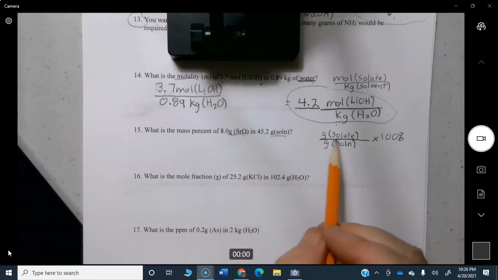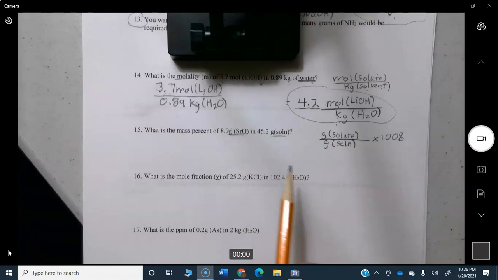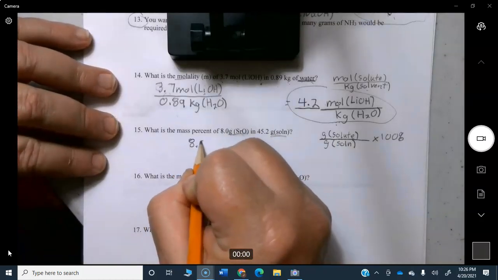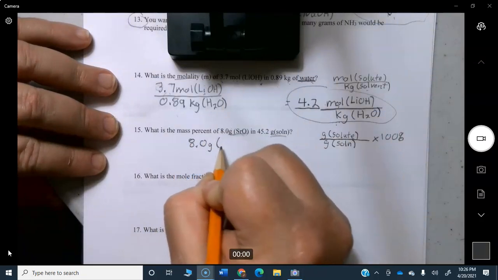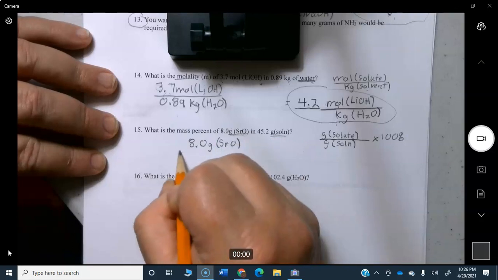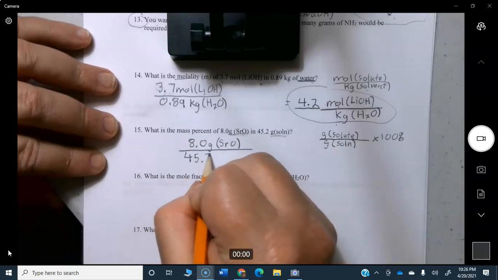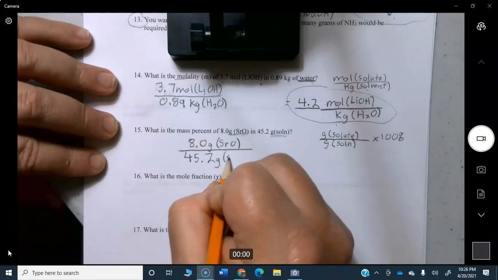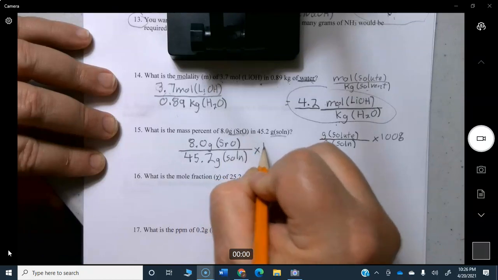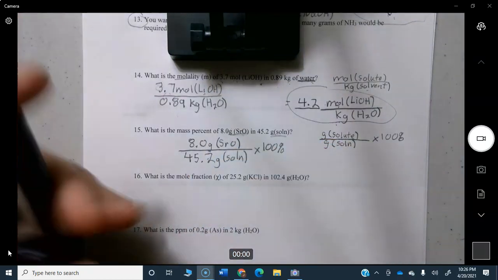So we're given the grams of solute and grams of solution down here, so we're just simply going to write this. 8.0 grams of solute over 45.2 grams of the entire solution together. So that's the definition times 100%. That's the definition of mass percent. So this divided by this.